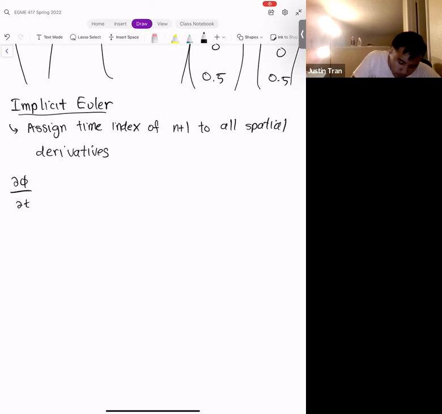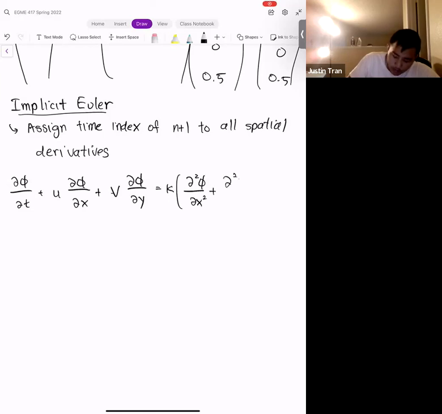In 2D, our full equation looks like the following. Partial phi partial t plus u partial phi partial x plus v partial phi partial y is equal to k times partial squared phi partial x squared plus partial squared phi partial y squared, plus q of x and y.